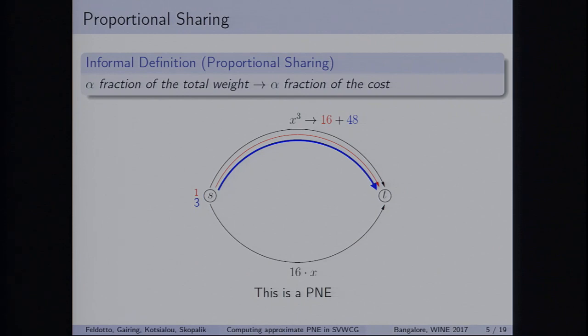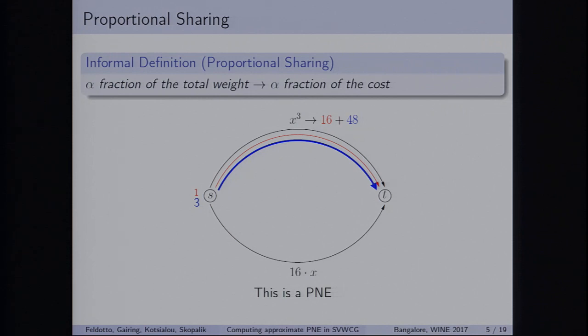So let's focus on the blue player. We see that the fraction of its flow over the total flow of the resource is 3/4. And because of that, 3/4 of 64 gives a proportional share of 48 for the blue player. And similarly, we can compute the proportional share of 16 for the red player.